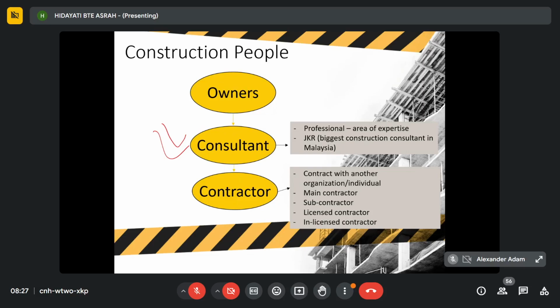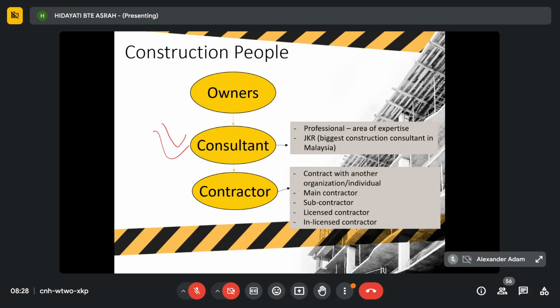They are also involved in the project design and management aspects of the construction. They also have a design team composed of architects, mechanical, electrical, and civil or structural engineers. All these teams work together to come out with a complete plan and design needed to construct the structure. So that is about the consultant.